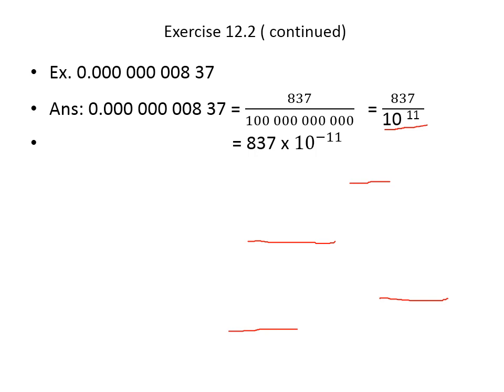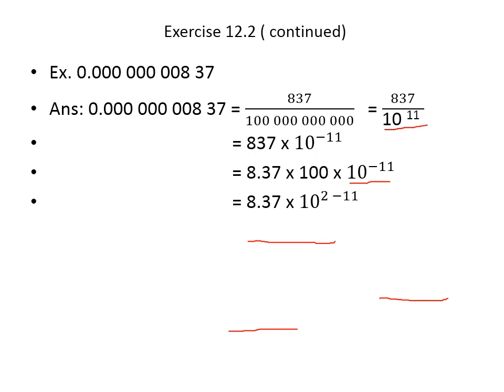Here, to write in the standard form, we have to leave one digit only. So after two places we can keep the decimal point, that is 8.37 into 100 and 10 raised to minus 11. This term will be as it is. So 100 can be written as 10 raised to 2.